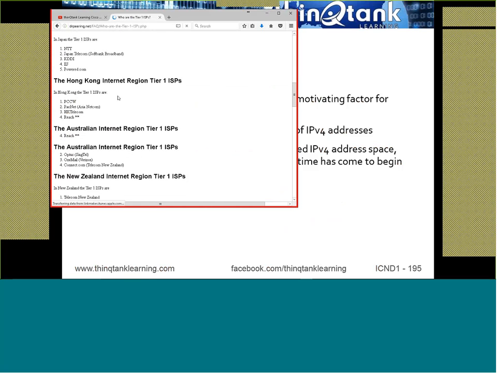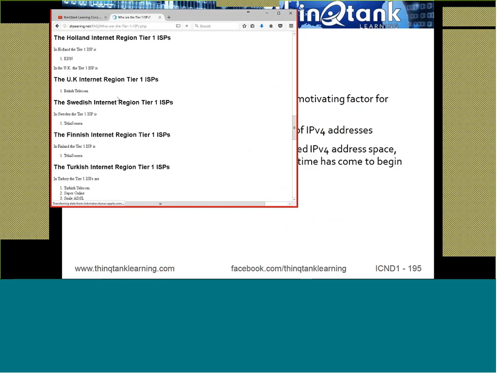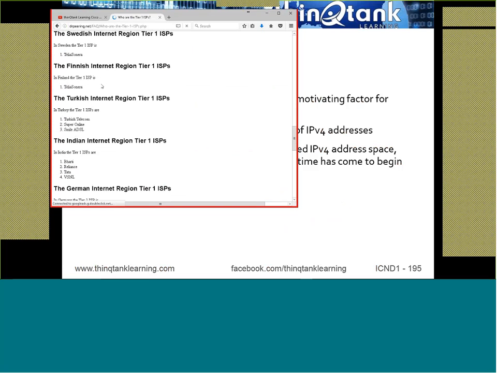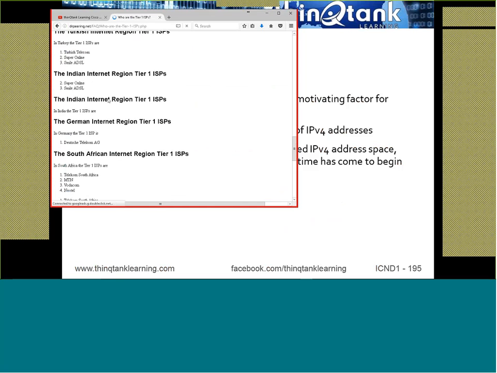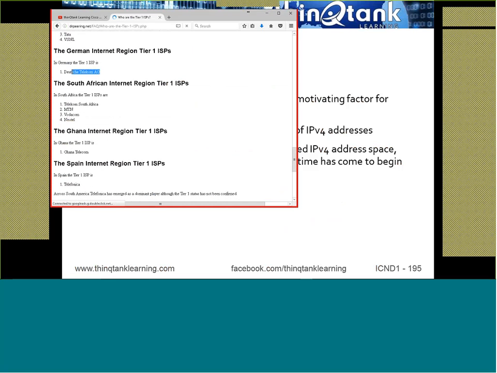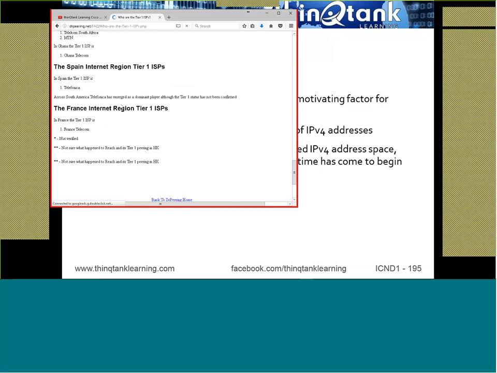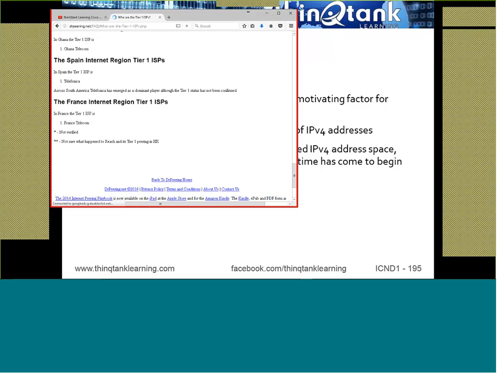And let's do Europe here. In Holland, KPN. The UK, British Telecom. That makes sense. In Sweden, TeliaSonera. Germany, Deutsche Telekom. In Spain, Telefonica. In France, France Telecom, and so on.